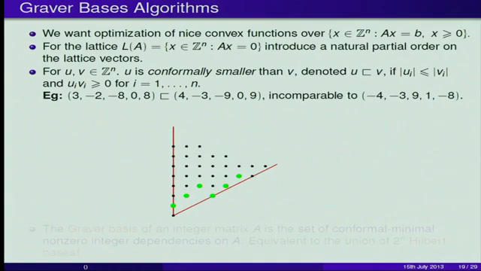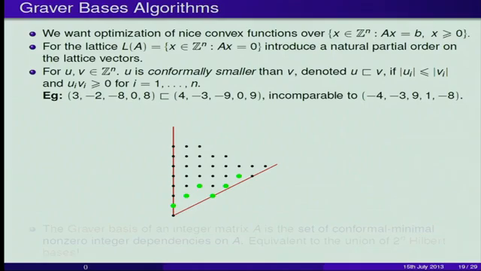Why? Because they have the same sign pattern: plus, minus, minus, plus, plus. You see, they have the same pattern. And if you look at an entry, say this one, this is 9, and the other one is 8 in absolute value. Okay, so that's the order that I'm making.